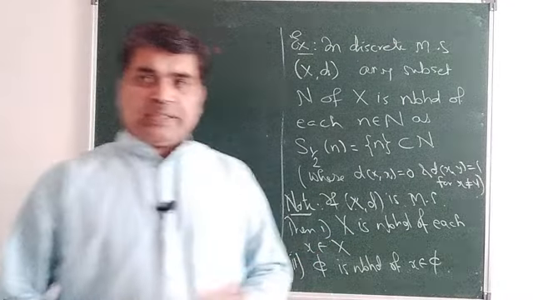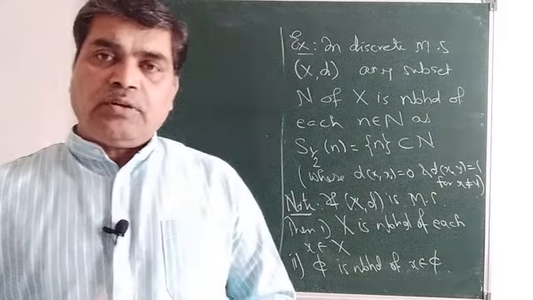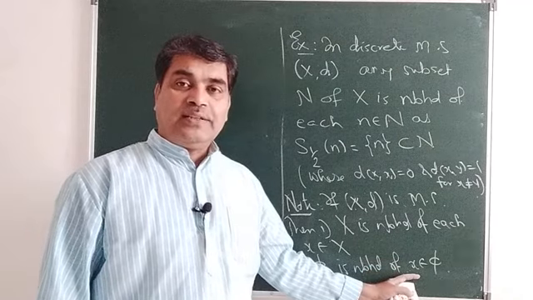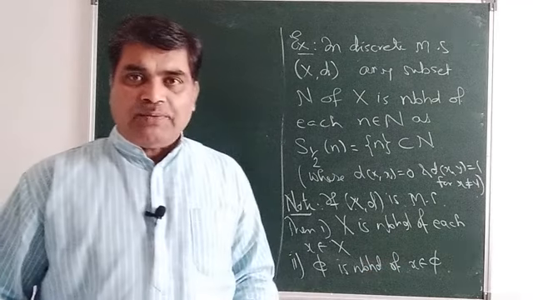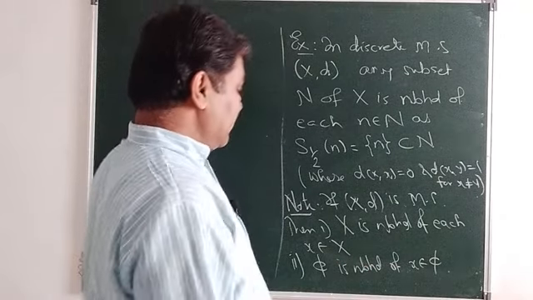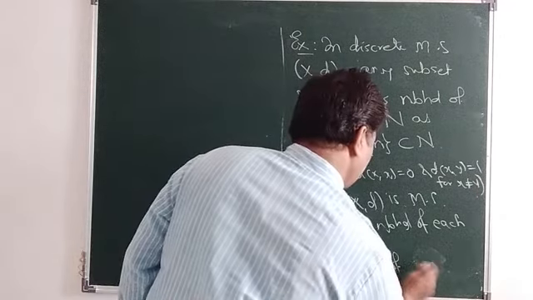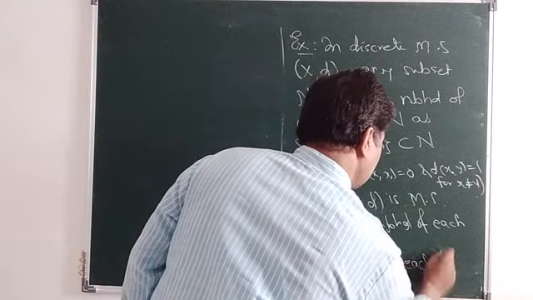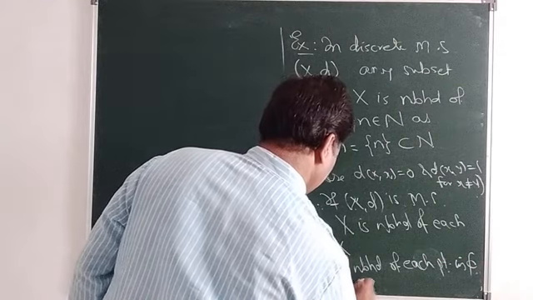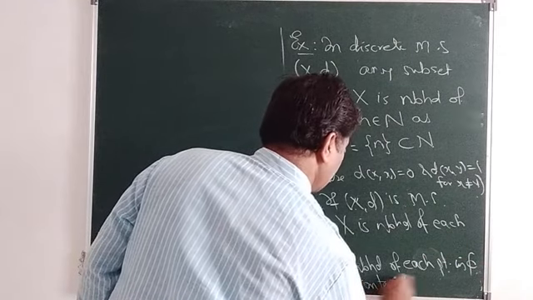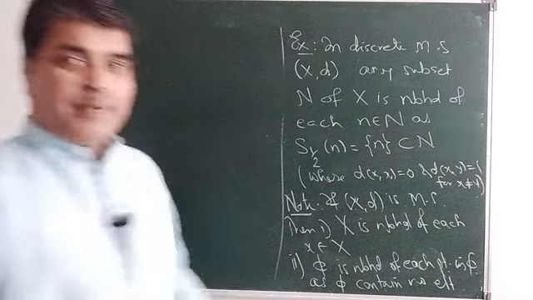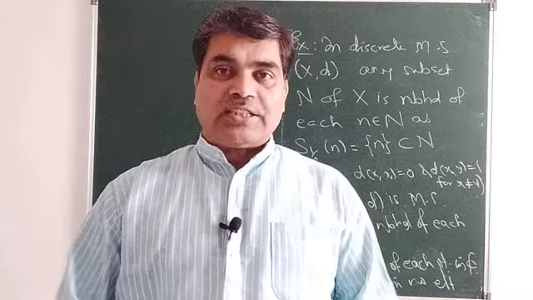So the whole metric space is always a neighborhood of each of its points, and the empty set phi is a neighborhood of every point in it, because there is no point in phi, as phi contains no element. That's why if I say phi is a neighborhood of each of its points, that statement is correct.